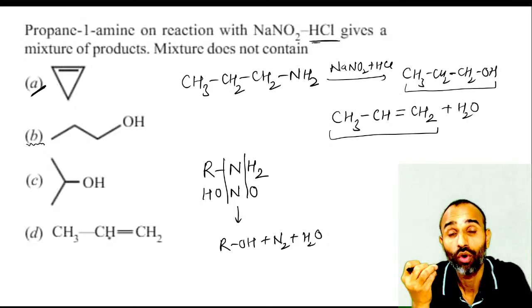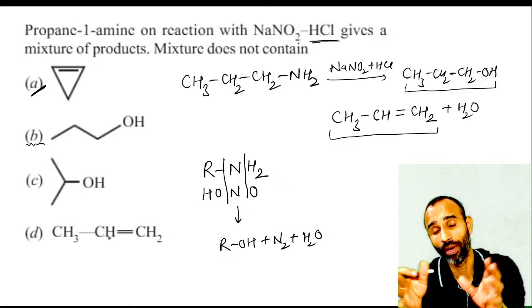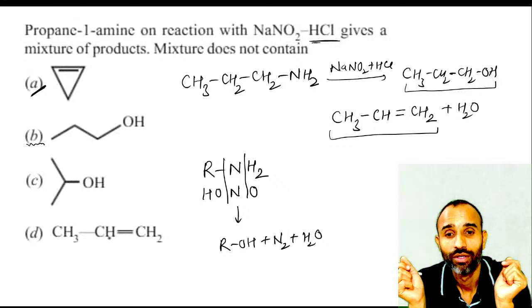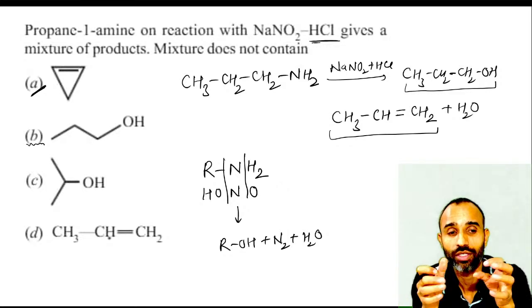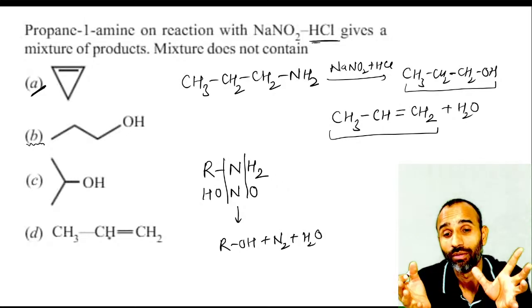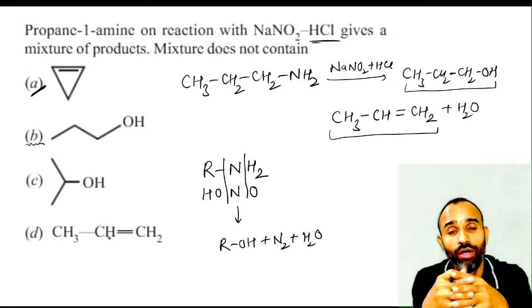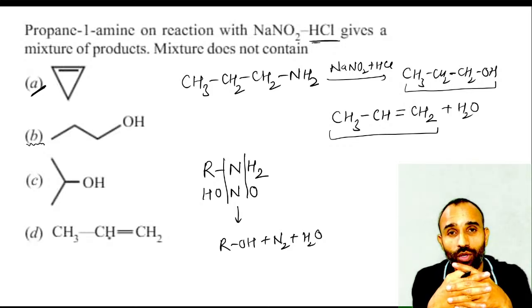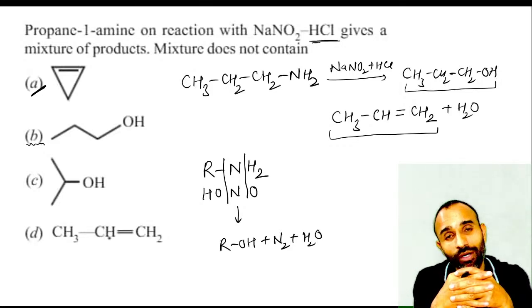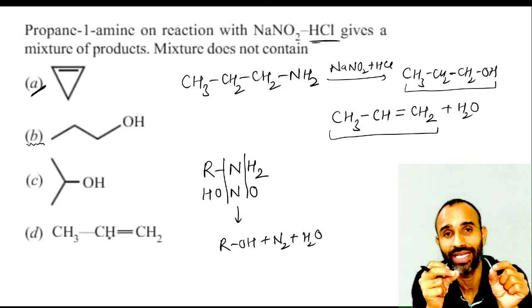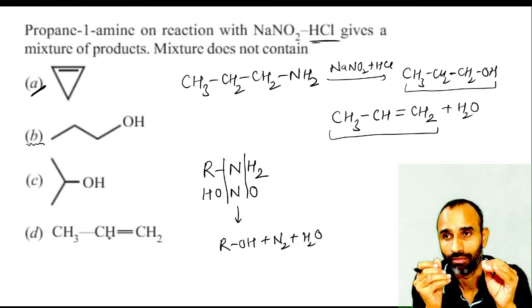So it will always try to open up. So how do we get cyclopropane from propan-1-ol? That is not possible. That's why this is the least probable product.